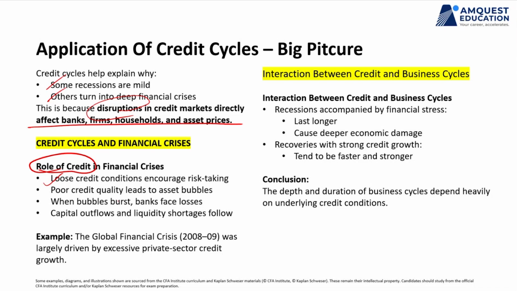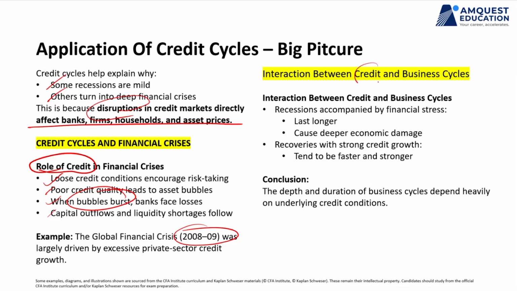So remember, once a bubble is formed, if that bubble bursts, it can lead to what exactly happened during 2008-9, when the asset prices collapsed. Correct? If you read about it a bit, you realize the 2008 crisis took place because the credit lending standards were very loose, and they were giving credit to every other person without checking the background, down payment, and so on. So that led to an eventual bubble, the financial crisis. Okay.